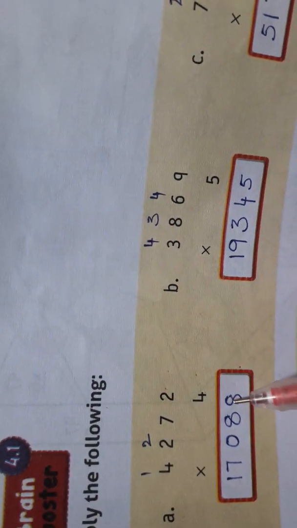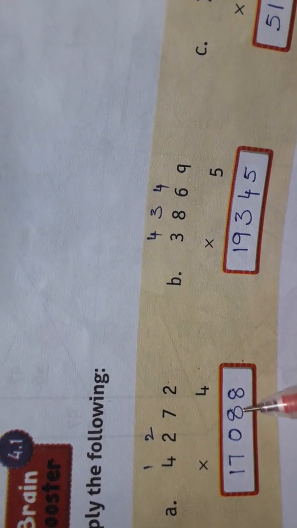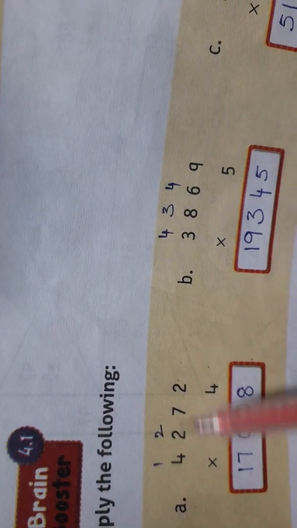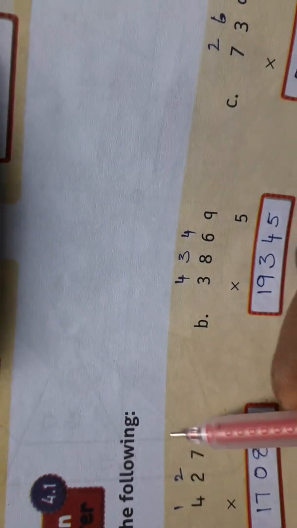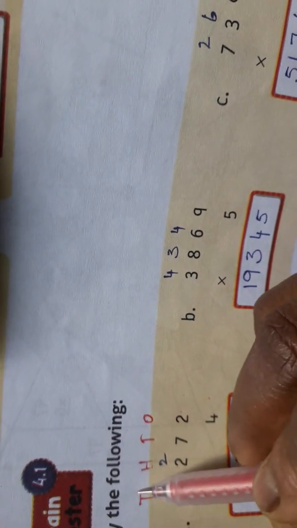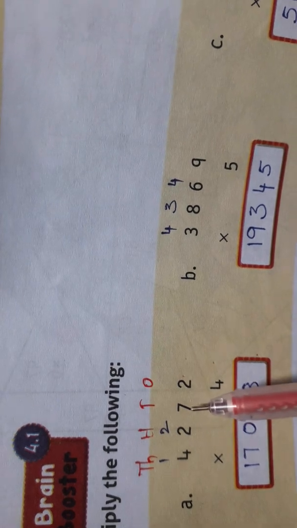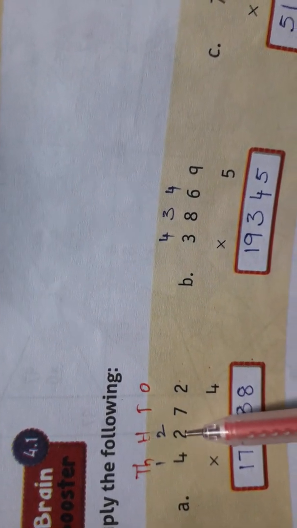Now 4 twos are 8, 4 sevens are 28, 2 carry in the hundreds place. Now let me tell you, ones, tens, hundreds, thousands. So when we are multiplying in the tens place, we will keep the carry in the hundreds place.